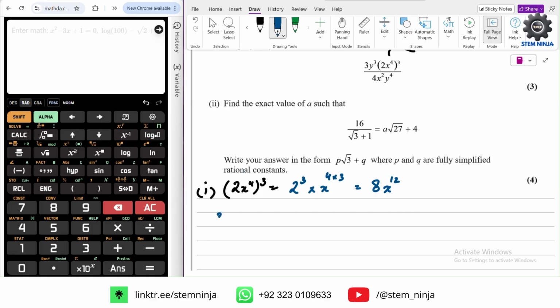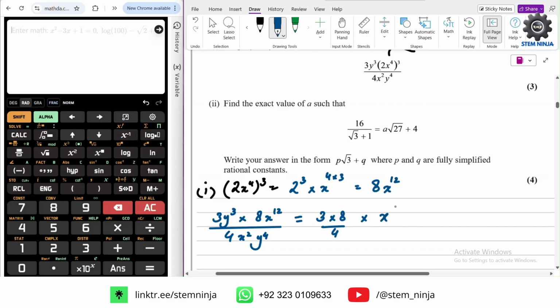Now you have 3y^3 times 8x^12 divided by 4x^2 y^4. Now one easy way to handle this is bring the numbers on one side and deal with the variables, unknowns, separately. So you have x^(12 - 2) and you have y^(3 - 4).